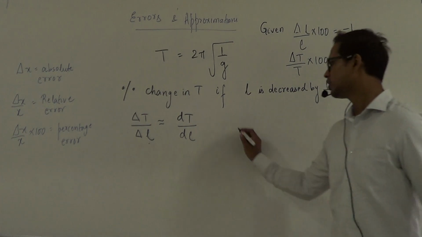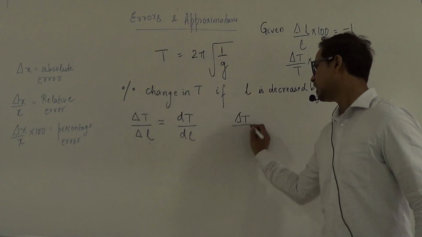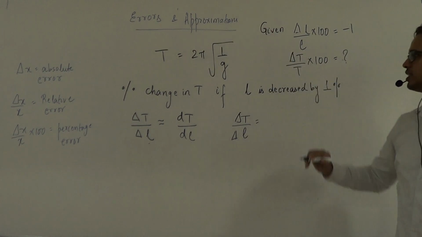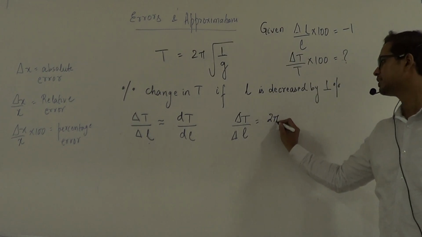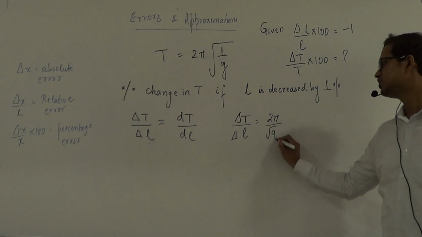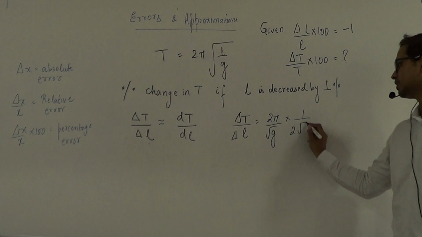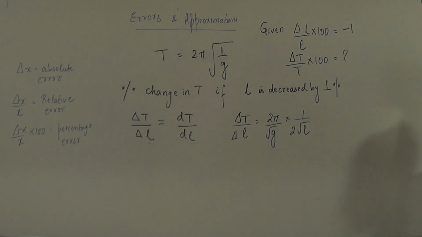So I will differentiate this with respect to L. So it's 2 pi under root of g, and the derivative of root L is 2 root L. Is this okay?